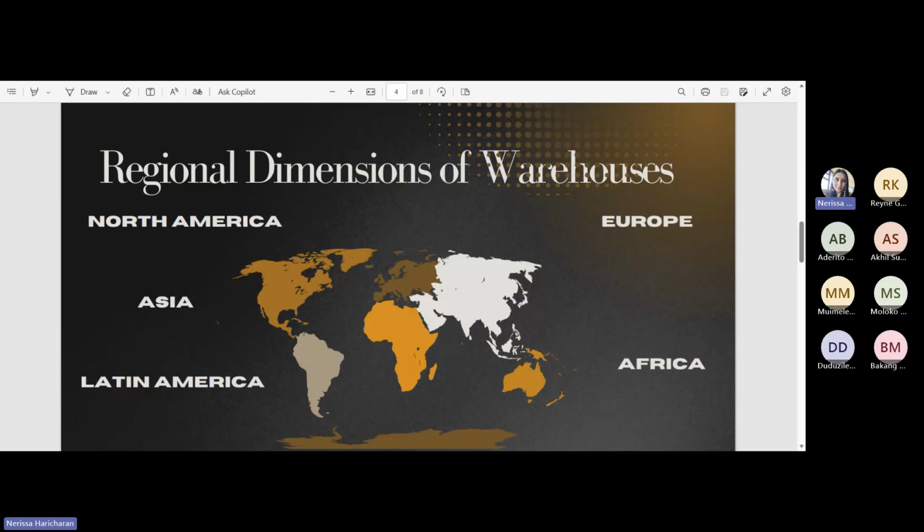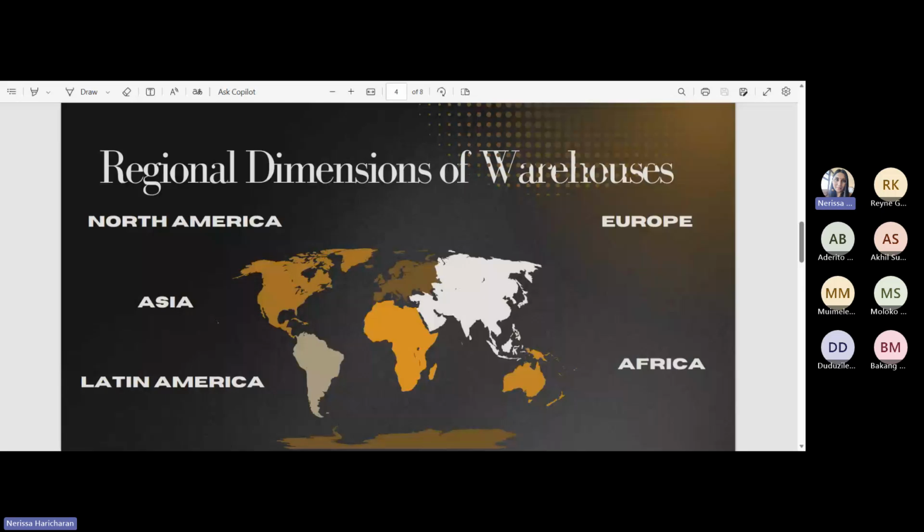Then we have Africa. When we're looking at warehouses in Africa, there are quite unique challenges, such as infrastructure, security, and the changing market demand of customers. When we're looking at bigger cities, because of the constraint of land, there's limited investment available for infrastructure.